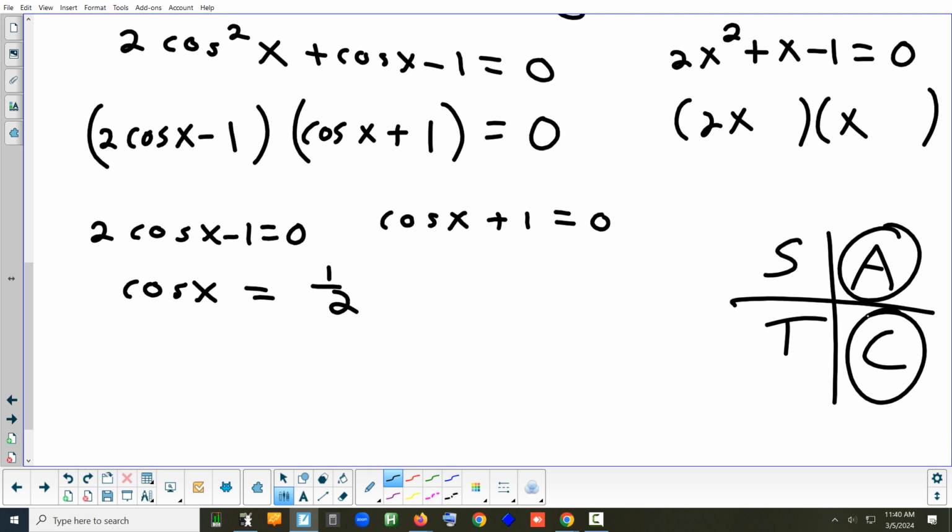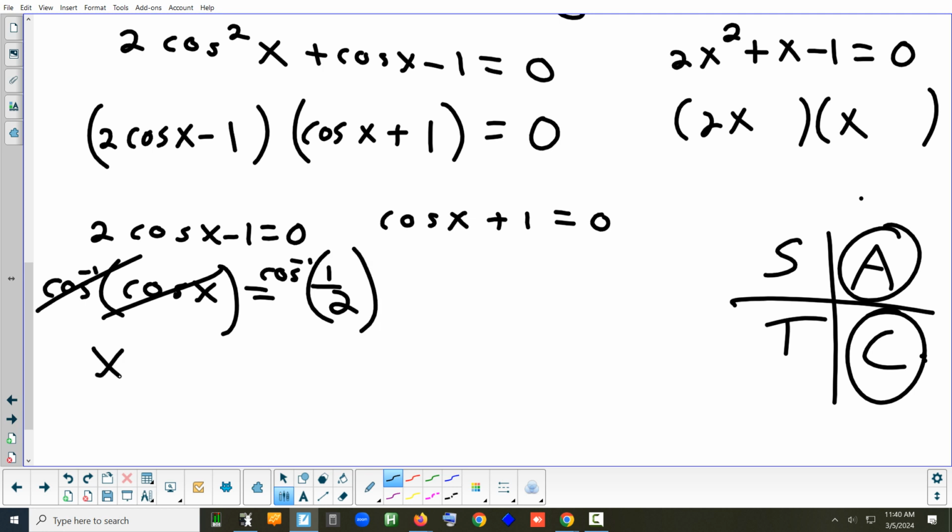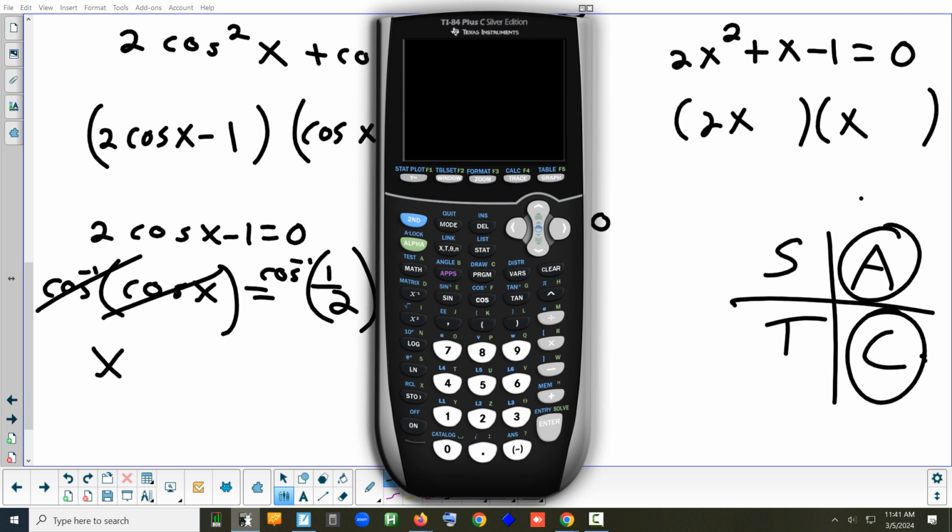Quadrants 1 and 4. So we'll have to remember there's a formula for quadrant 4 we're going to need in a minute. Okay, we don't need it yet, but keep that in mind. All right, so take the inverse cosine on each side. Inverse cosine and regular cosine cancel. And now we have to take the inverse cosine of 0.5.